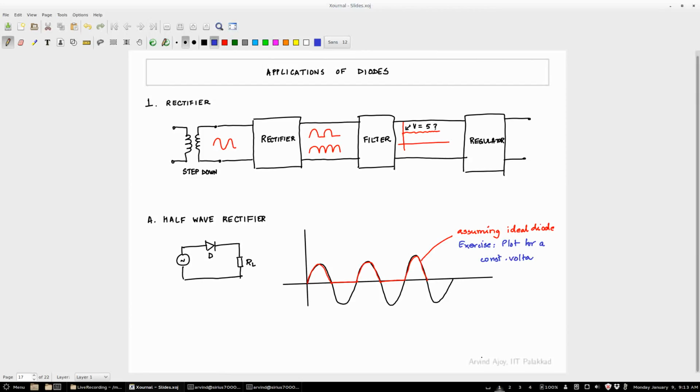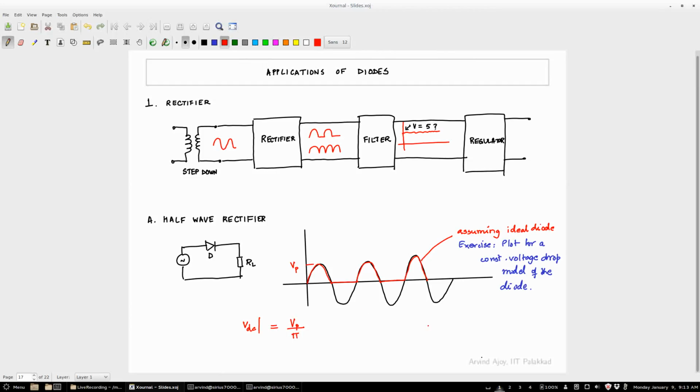This line is plotted assuming an ideal diode. Your exercise is to plot for a constant voltage drop model of the diode.